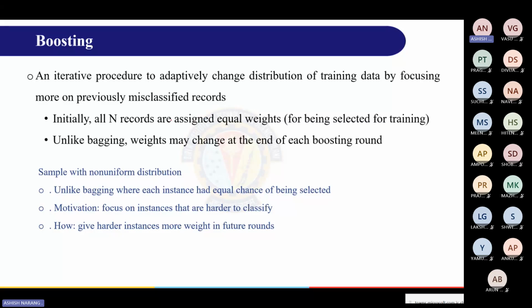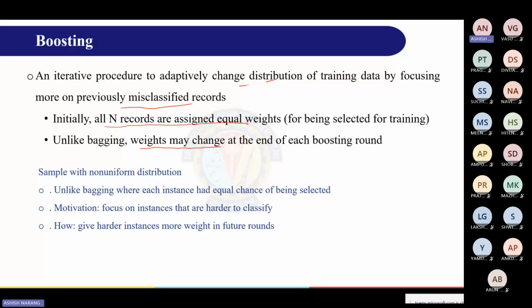It is an iterative procedure to adaptively change the distribution of training data by focusing on misclassified records. So it's not that I divide my data and build all the classifiers at the same time. All n records are assigned equal weights for being selected for training. Unlike bagging, weights may change at the end of each boosting round.